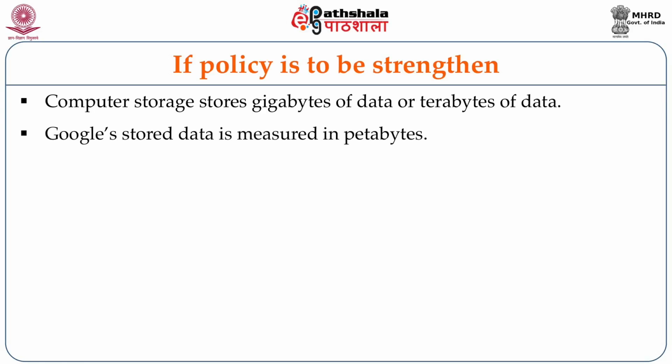A supercomputer has online storage of petabytes and offline storage also of petabytes. Google stores data always in petabytes. So we have many devices and massive amounts of data to fill those devices.